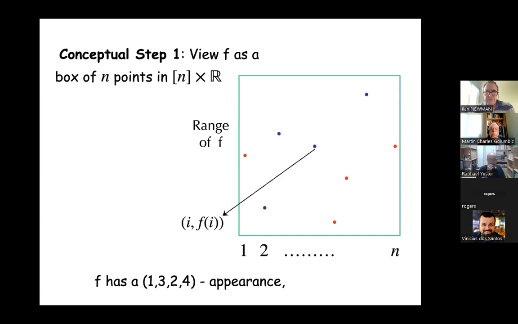And I'm going to consider for this talk the fixed pattern 1, 3, 2, 4, which is non-monotone, and there is nothing special about it. It's just to make clear what's going on. So the function that you see now on the right in this box has a 1, 3, 2, 4 appearance. In particular, these blue points show a 1, 3, 2, 4 appearance.